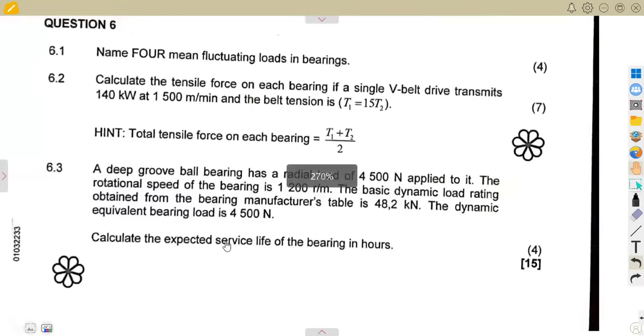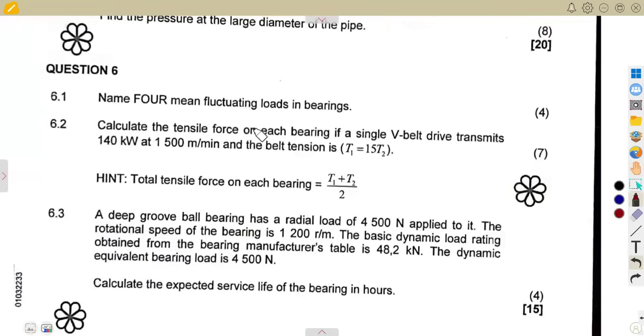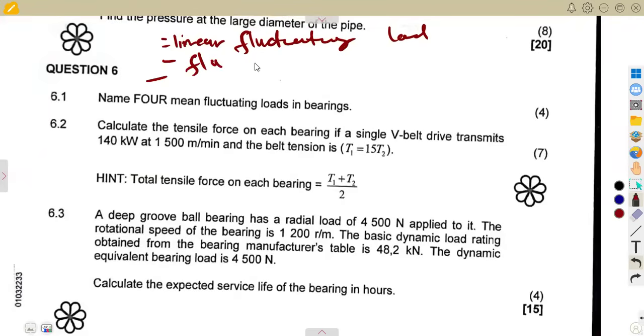Name 4 mean fluctuating loads on bearings. All right, the fluctuating loads: there is the linear fluctuating load. We also have the fluctuating stepped load, which is another one to be considered.